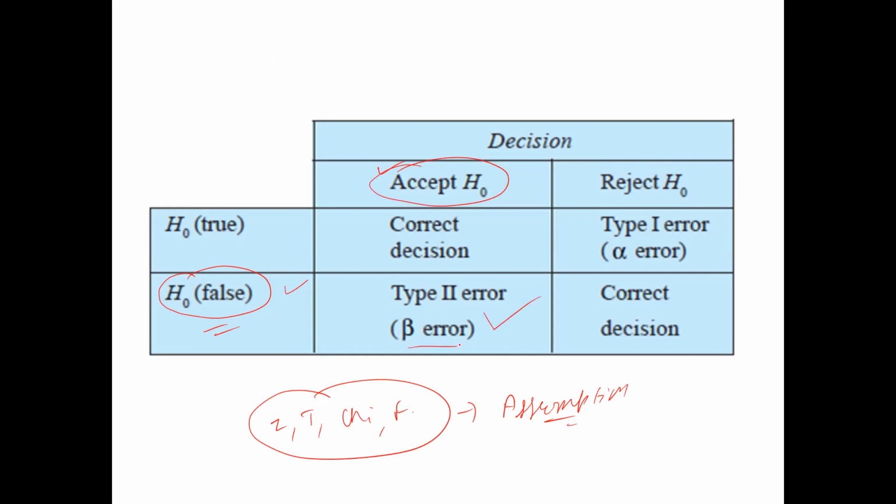This is known as beta error. And if your hypothesis is false as per different tests upon your assumption and you reject your hypothesis, then this is your correct decision. You have to understand these correct decisions and errors. They can ask you what is type 1 error, what is type 2 error.